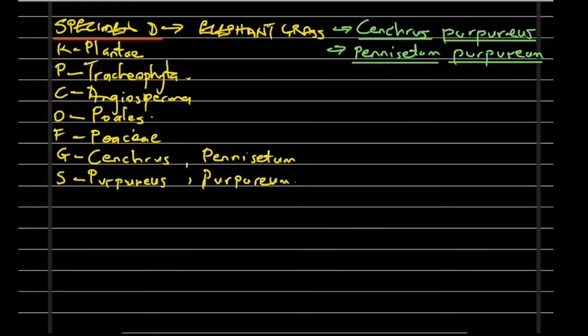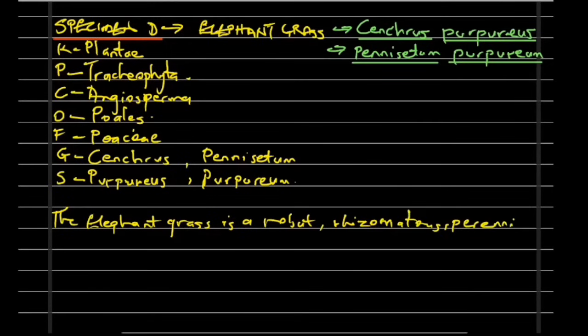So what is the elephant grass? The elephant grass is a robust, rhizomatous, also perennial grass.